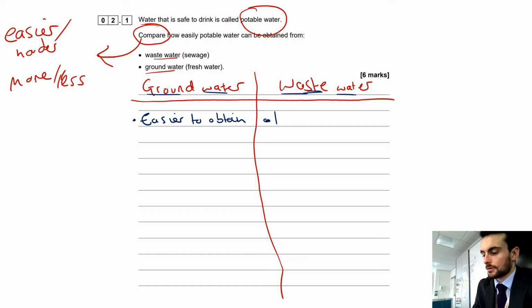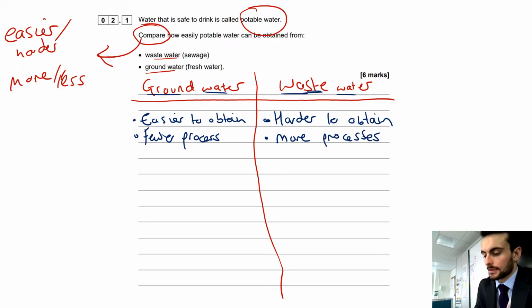So wastewater, therefore you do the opposite because we're doing a comparison, is harder to obtain, right? Whatever you say for one, you can say the opposite for the other most of the time. Which one involves more processes to get it to the point where you can drink it? Well, wastewater's come from you know what, so it's going to take more processes to get it to the point where you can drink it. So this one has fewer processes, so this one has more processes.